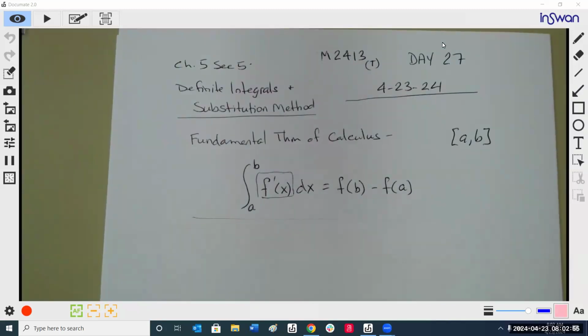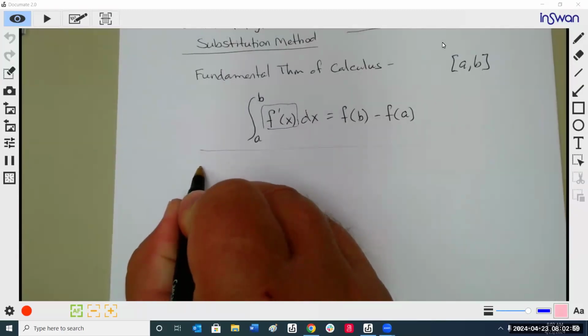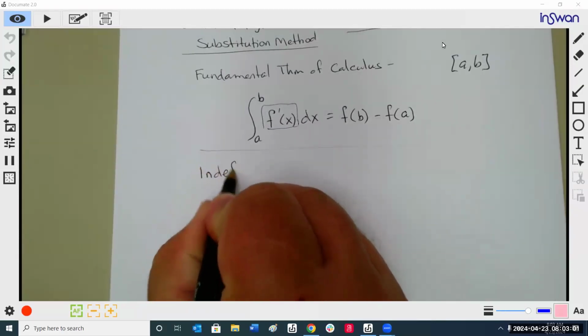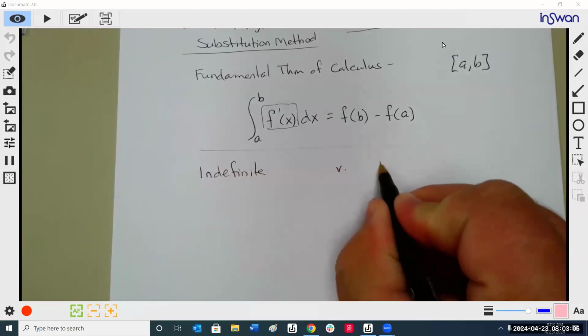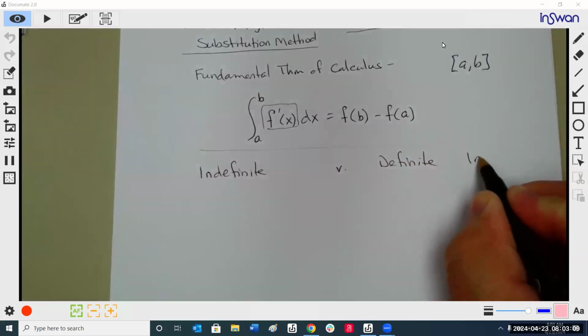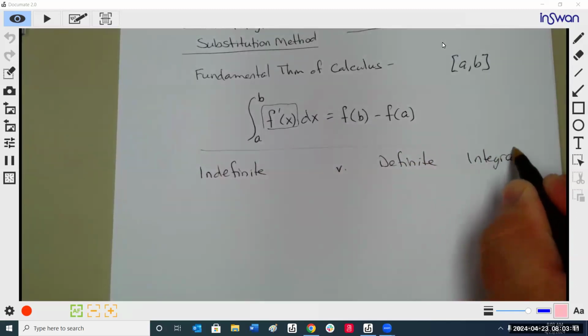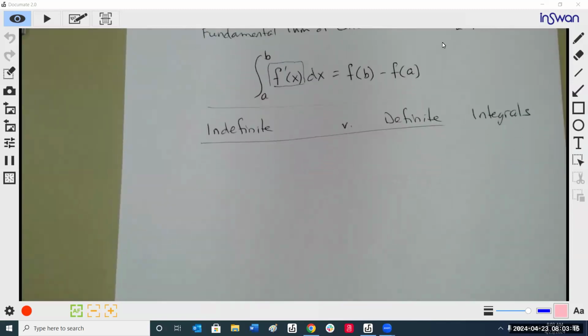We have two types that we talked about so far: indefinite versus definite integrals. What's the difference?